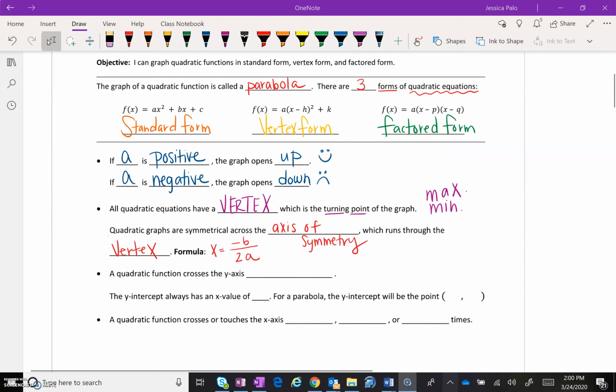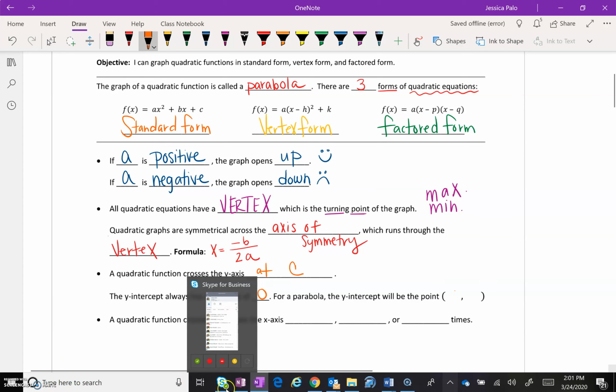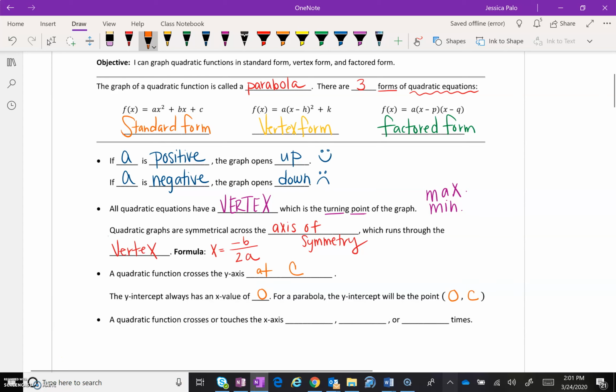The quadratic function crosses the y-axis at c. In standard form, it would be at c. The y-intercept always has an x value of 0. For a parabola, the y-intercept will be the point (0, c).